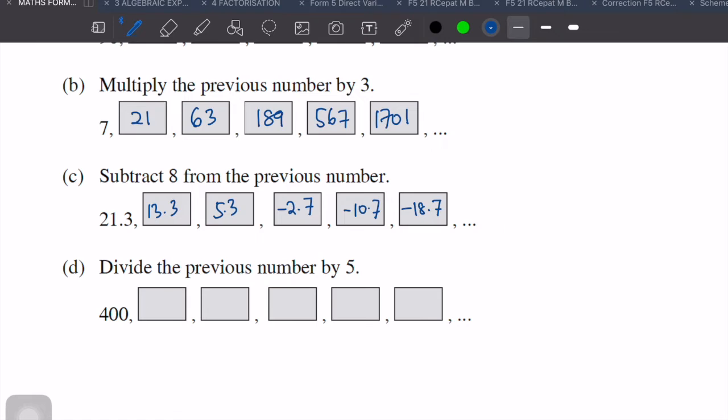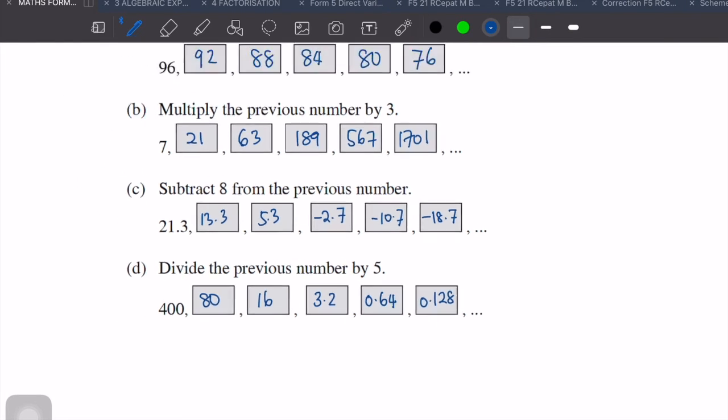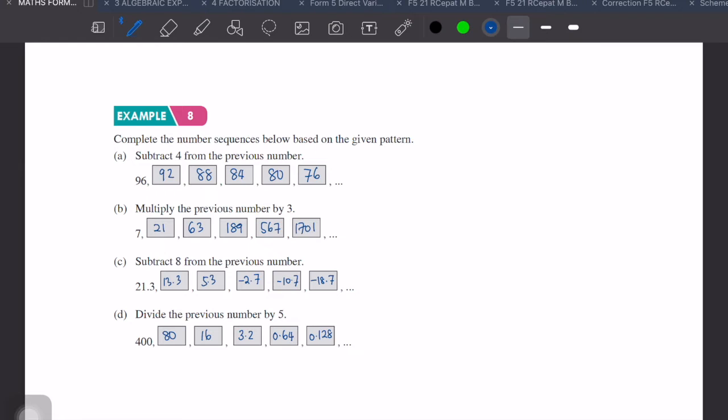So 400 divided by 5, you will get 80, divide by 5, 16, divide by 5, 3.2, divide by 5, 0.64, divide by 5, 0.128. Just follow whatever the question asks you to do.